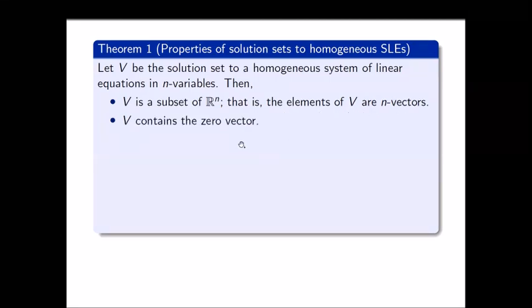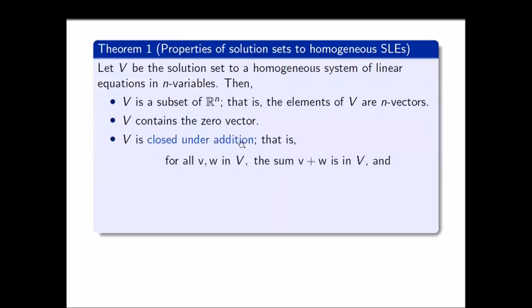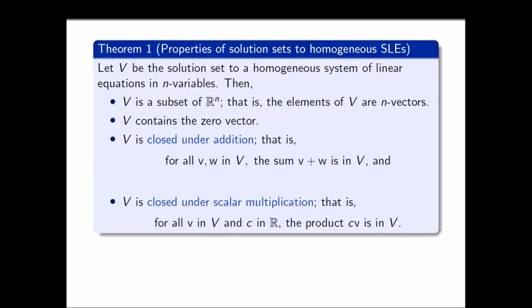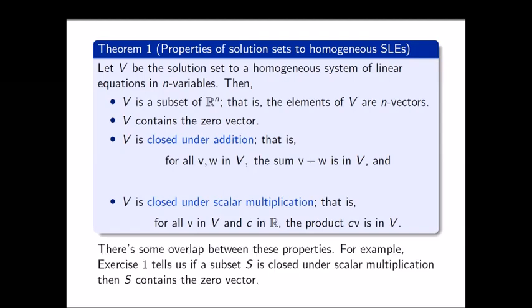V contains the zero vector, and it is closed under addition, and it is closed under scalar multiplication. So just to recap, the solution set to a homogeneous system of linear equations is going to be a subset of Rn that contains the zero vector and is closed under scalar multiplication and addition of vectors.